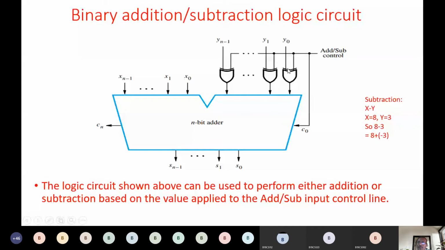When y is given as an input, when 3 is given as an input, it becomes minus 3. And 8 comes as it is, in the binary format, not in the decimal format. But when we give 3, it becomes minus 3 when we want to do subtraction. So 8 plus minus 3, that addition is done in this n-bit adder, and we have the sum here and maybe the carry out.